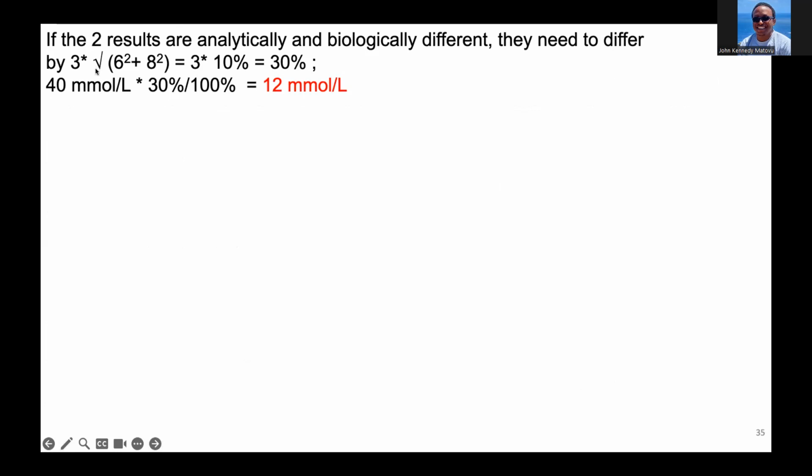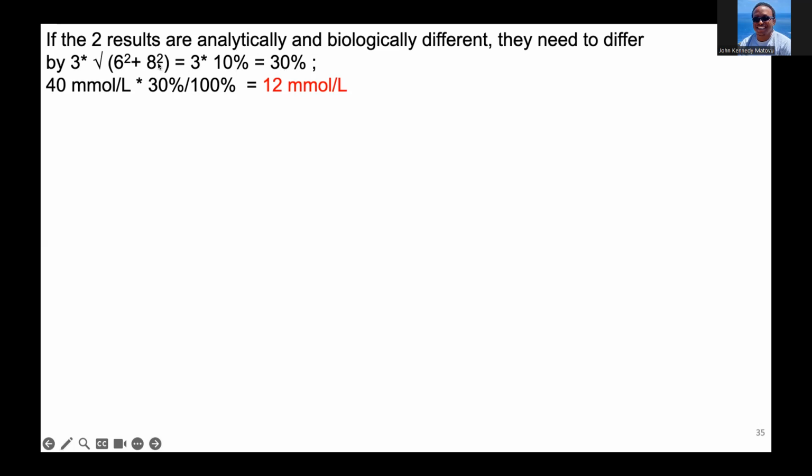So the calculation was 3 times the square root of 6% squared, that was your confidence limit at 95%, plus 8 squared, which was your biological variation. You'd find the square root of these 2, which gives 10%, and overall you'd have 3 times 10%, which was equal to 30%.